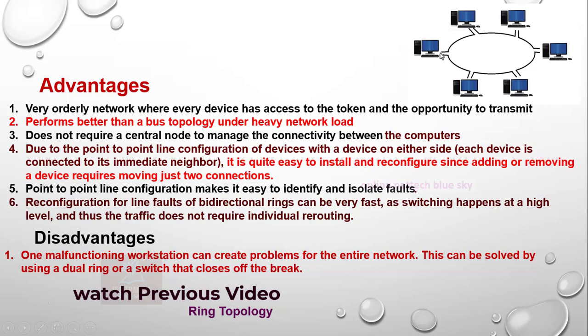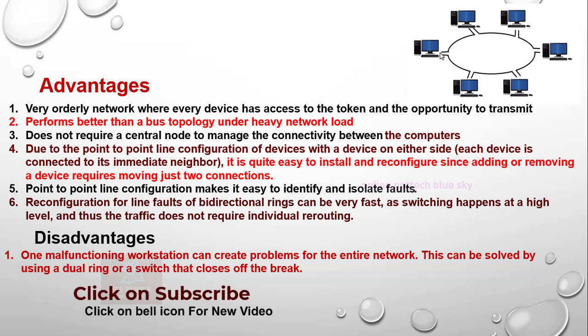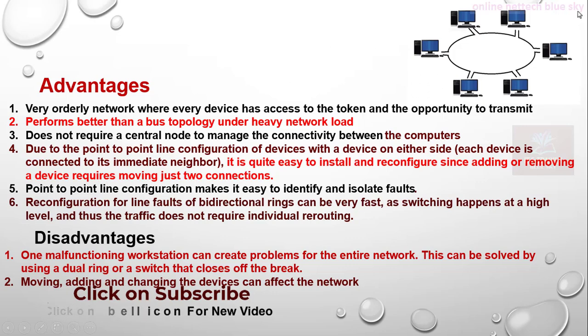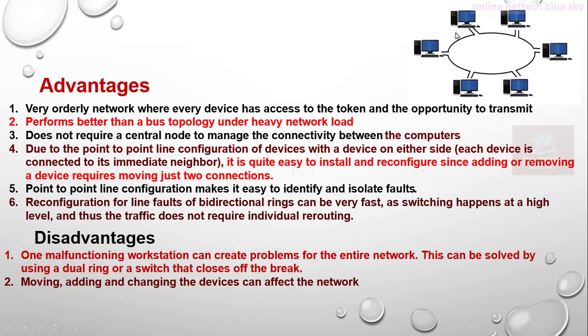Okay, this can be solved by using a dual ring or a switch that closes off the break. So you can solve it using a dual ring or switching. Okay, so this is one important type. Moving, adding, or changing a device can affect the network. Important. You configure your computer and enter your IP address.